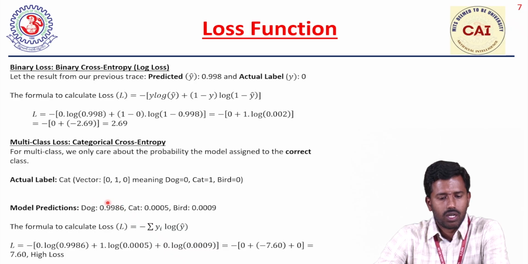My model is giving the highest probability for dog and very little probability for cat and bird, but the actual value is a cat. After applying the multi-class loss function by taking the y vector and the predicted y cap, I finally get the final loss of 7.60, which is a very high loss.